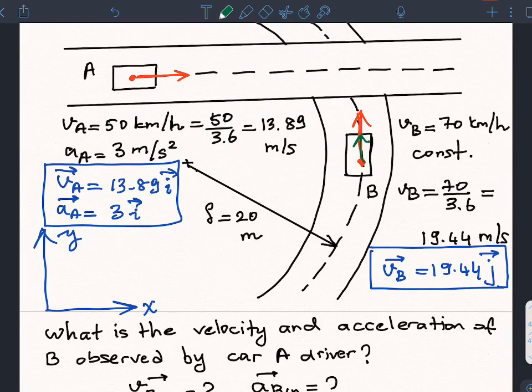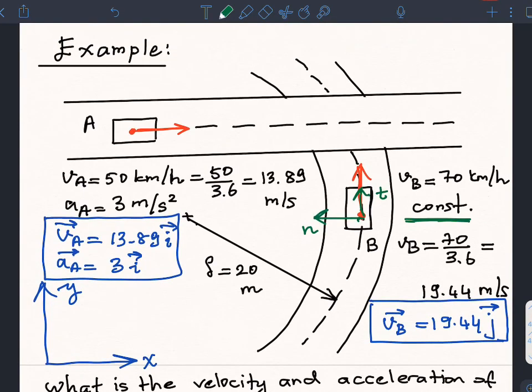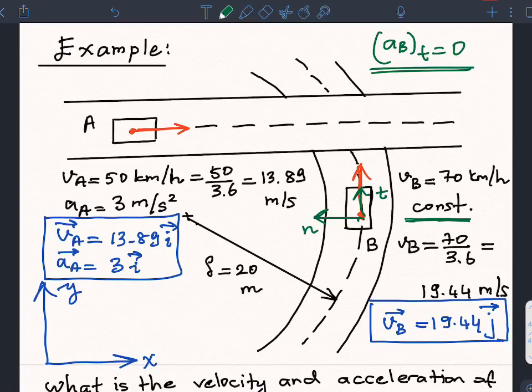So this is the T direction and this is the N direction. Why? Because the car takes a circular road. But the tangential one is 0, because the velocity is constant. So for AB, tangential, it is 0.